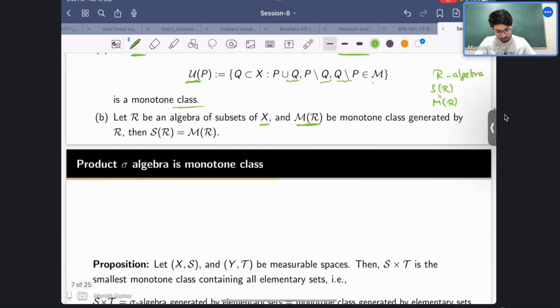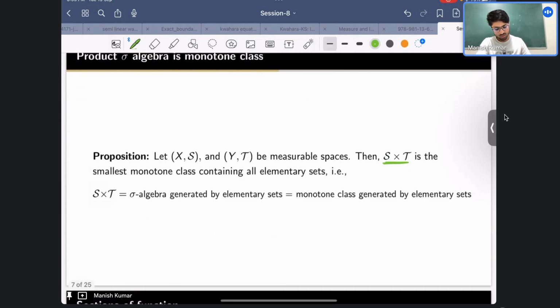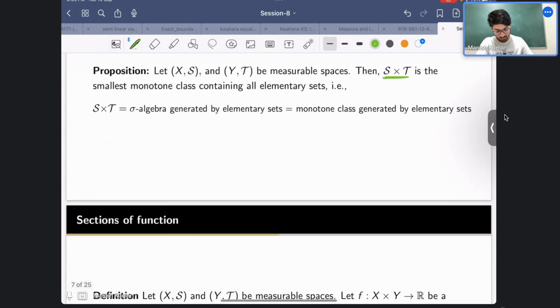This product sigma algebra, S cross T, is by definition the sigma algebra generated by elementary sets, and you can prove that it is also the monotone class generated by elementary sets. That's just a remark for now.